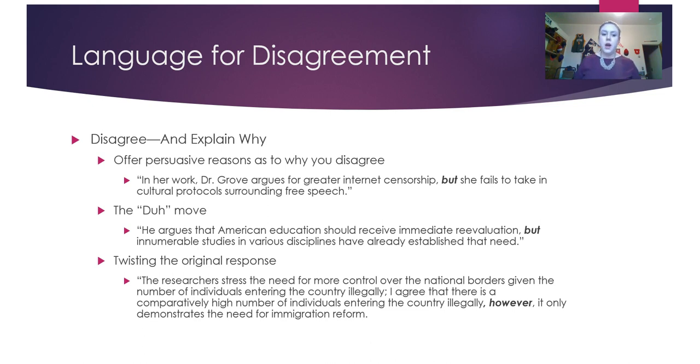Finally, what we can do is look at it through the lens of twisting the original response. So, the researchers stressed the need for more control over the national borders given the number of individuals entering the country illegally. I agree that there is a comparatively high number of individuals entering the country illegally. However, it only demonstrates the need for immigration reform.